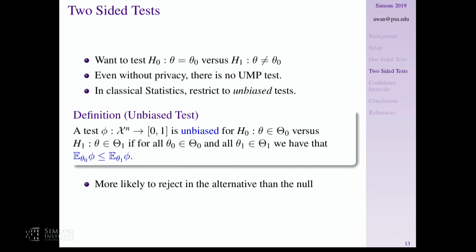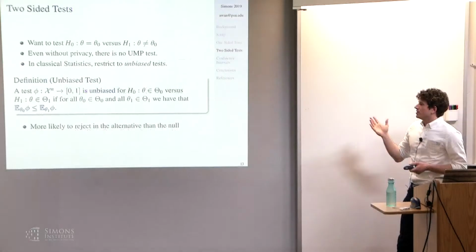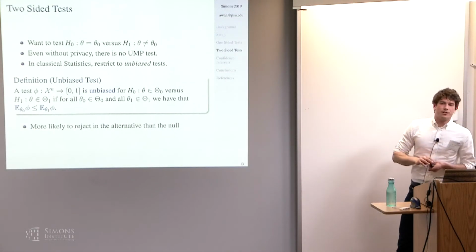And so we need to reduce the search space. What's commonly done in classical statistics is to impose the condition of unbiasedness. Unbiasedness is not quite the same thing as you might think for point estimates. The idea of an unbiased test is that we want to make sure that under the null, the probability of rejecting is always smaller than anything in the alternative.